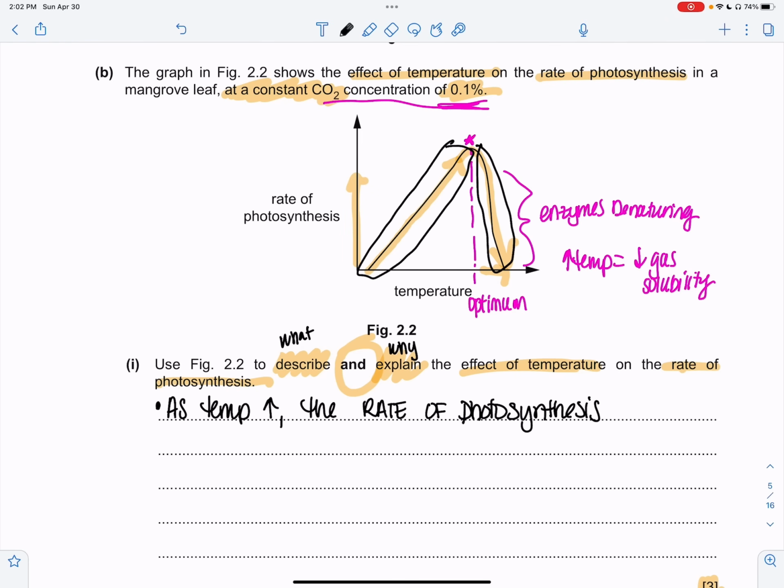So for example, you could say as temperature increases, the rate of photosynthesis increases until an optimum, and then as temperature increases past that, the rate of photosynthesis slows down or stops, decreases really fast.